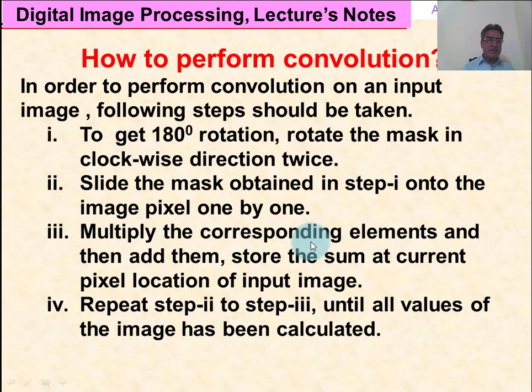Multiply the corresponding elements, and what are the corresponding elements? The corresponding elements of the mask and the corresponding elements of the input image. If it is a 3x3 mask, then we get the 3x3 sub-image matrix of 3x3 pixels, and we multiply the corresponding pixels with each other and then add them.